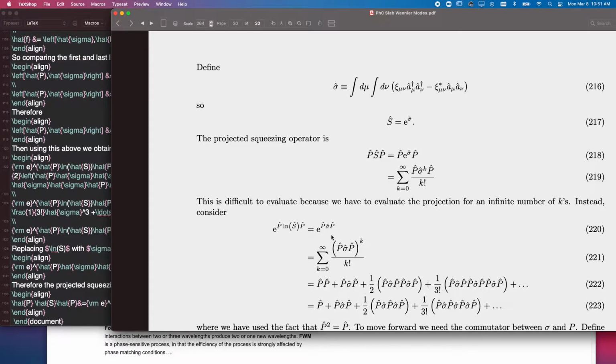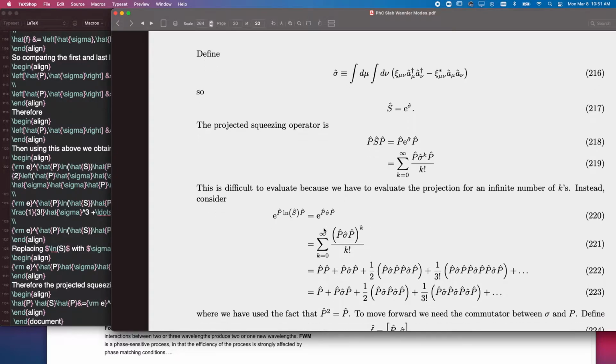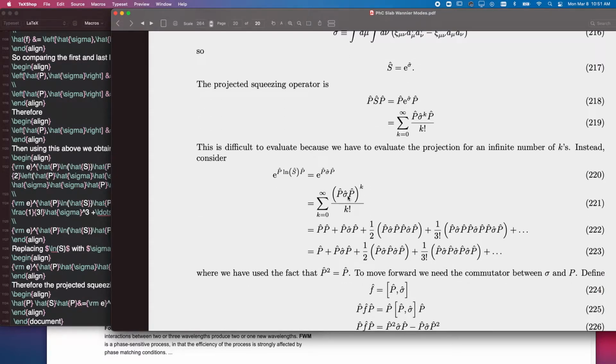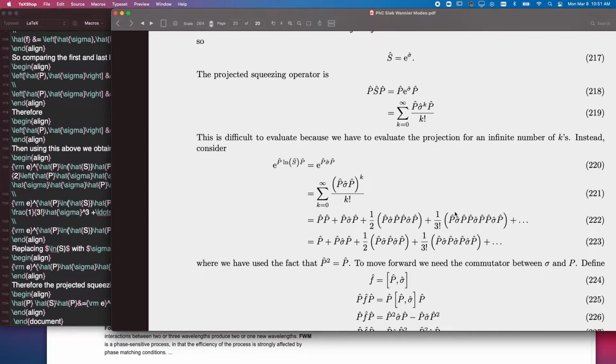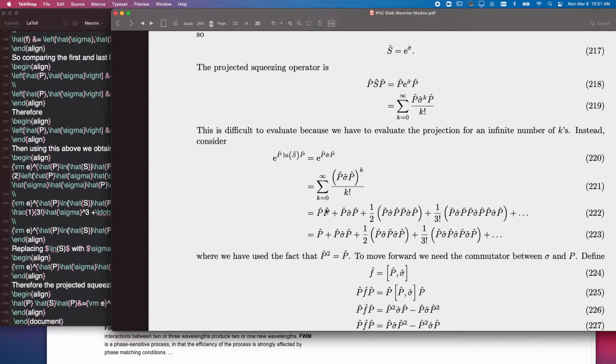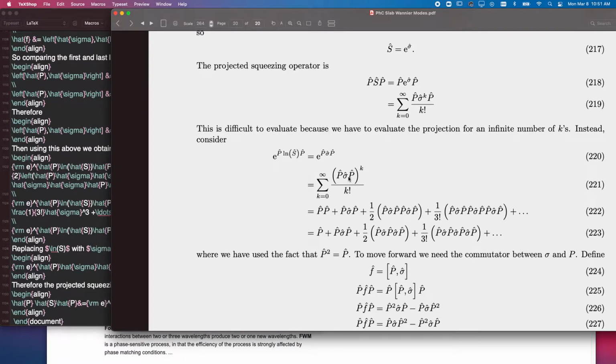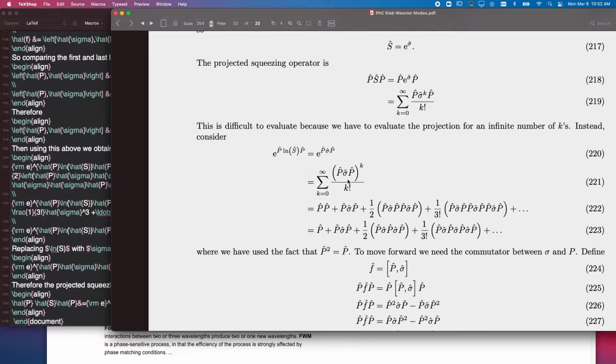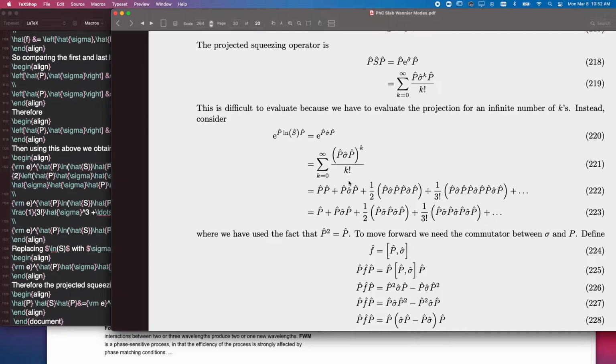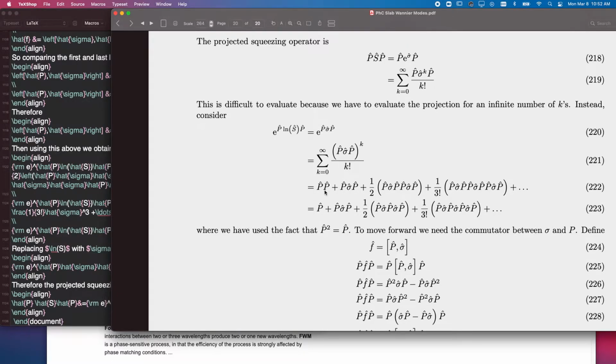If I expand this in a Taylor series, I've effectively factored out the k. So this is what it looks like when I expand it. The first term I get is, oh, my bad, that should be a 1. That should be a 1 there.